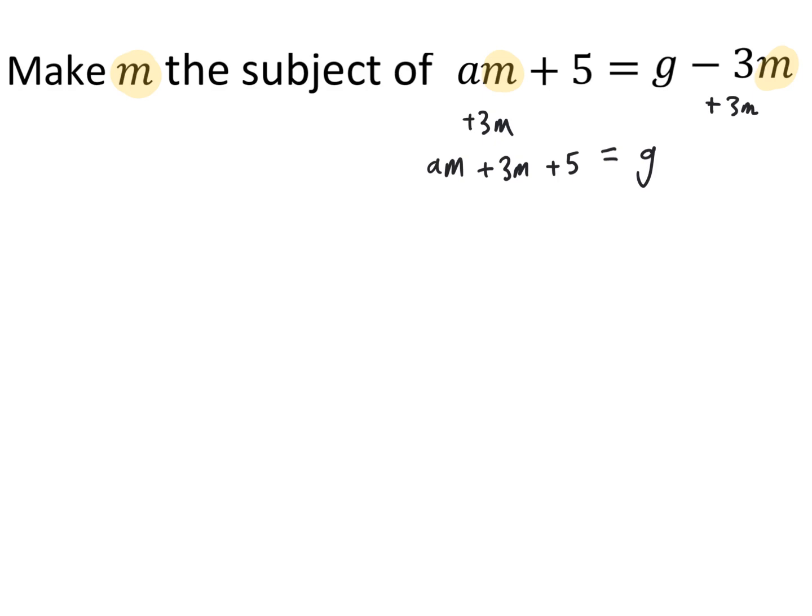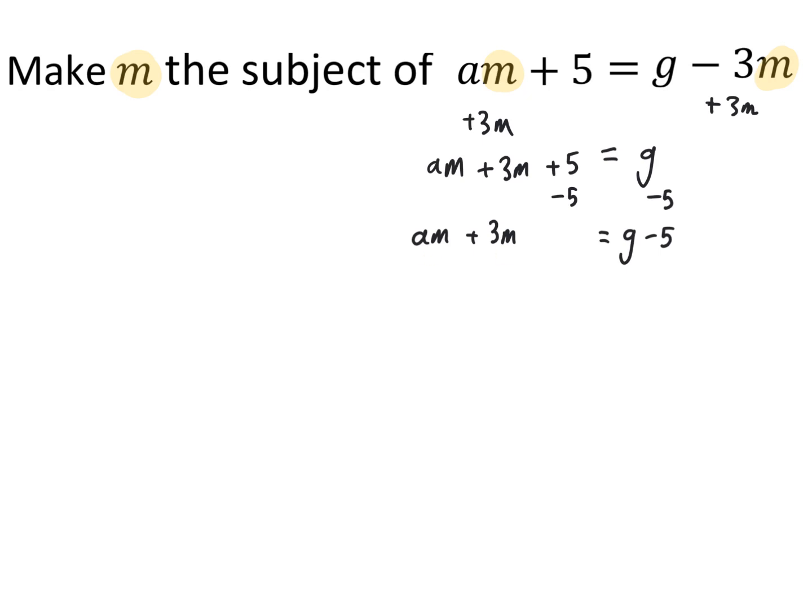First things first though, I'm going to get rid of this plus 5 by minusing 5. So now at least the only terms that are on the right hand side are ones involving m. Now, this is the clever bit. Both of these terms have got a letter m in them.